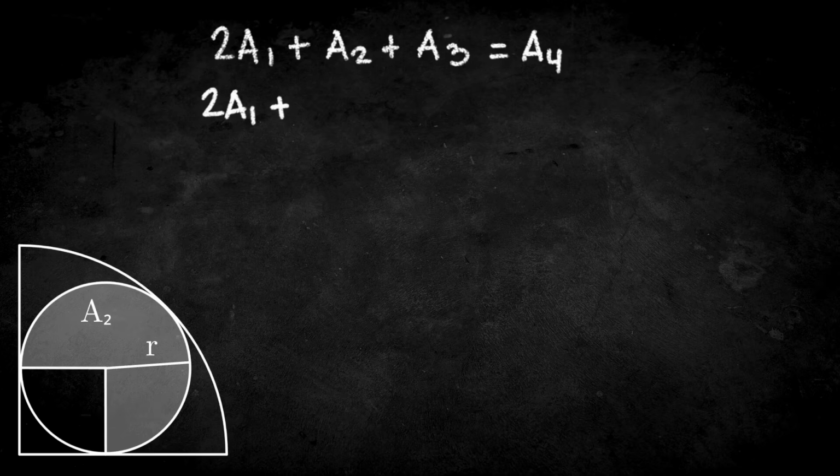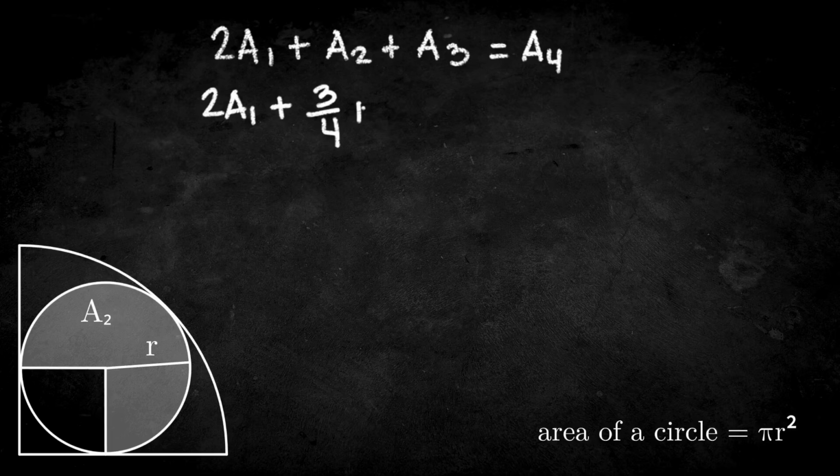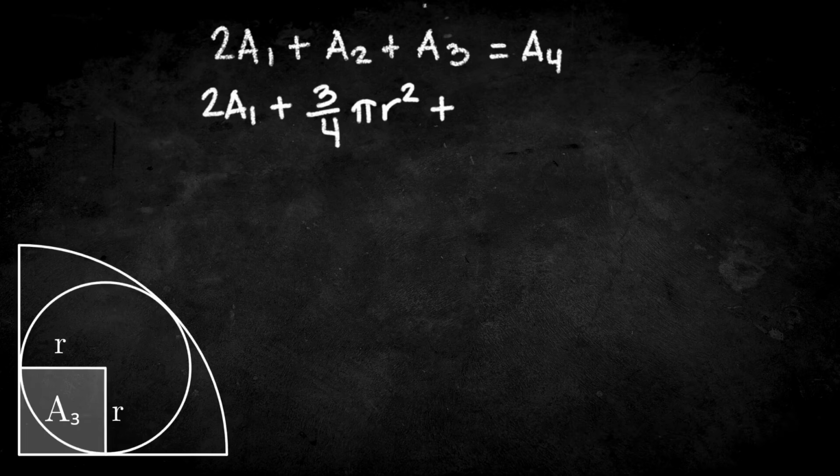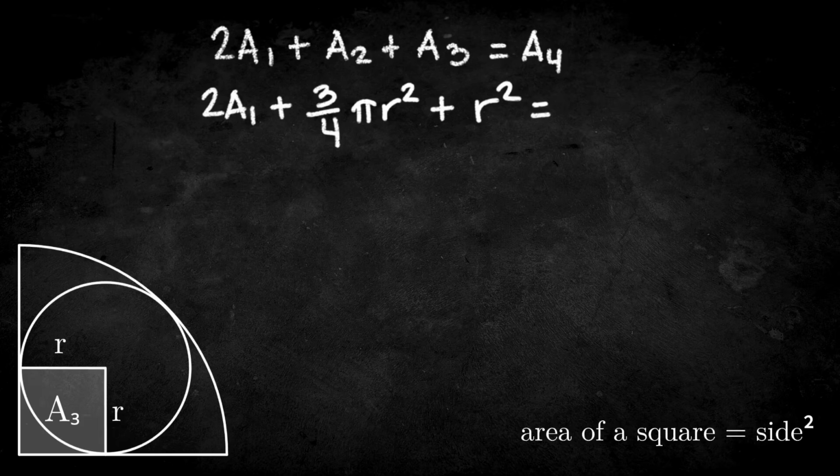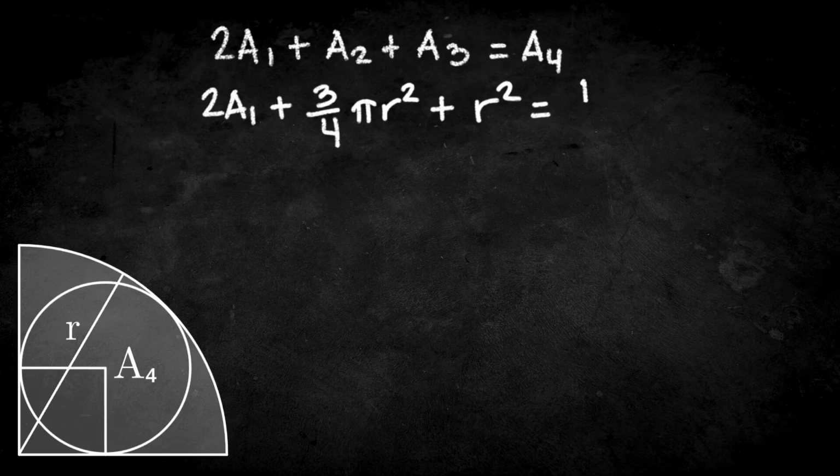Area 2 is the area of 3/4 of a circle, which means 3/4 times pi times radius squared. Area 3 is the area of a square with sides r, therefore the area is r squared. The area of the quarter circle is 1/4 times pi times its radius squared.